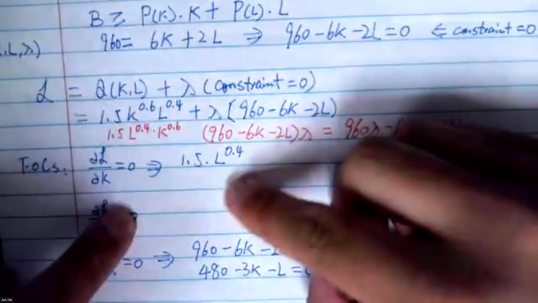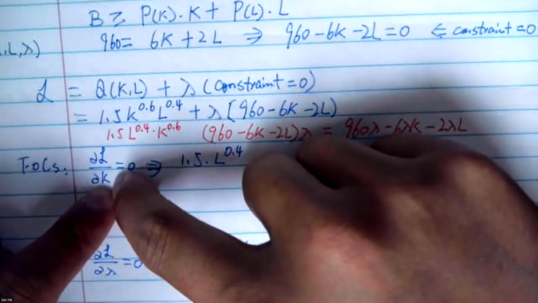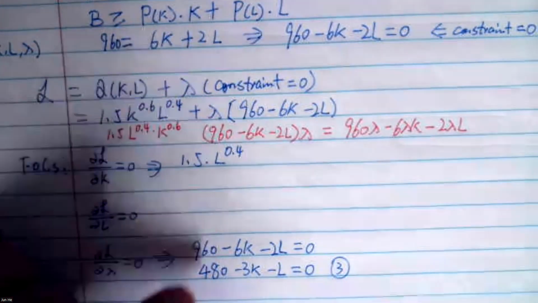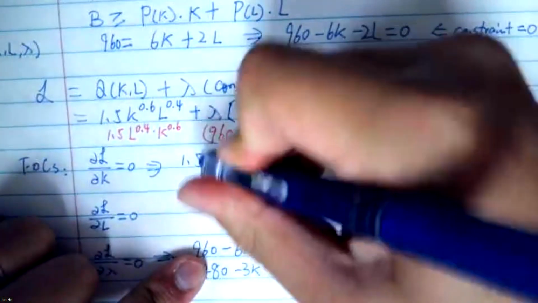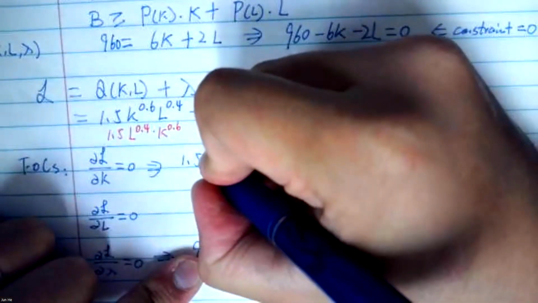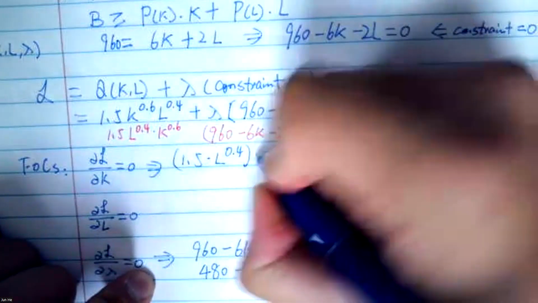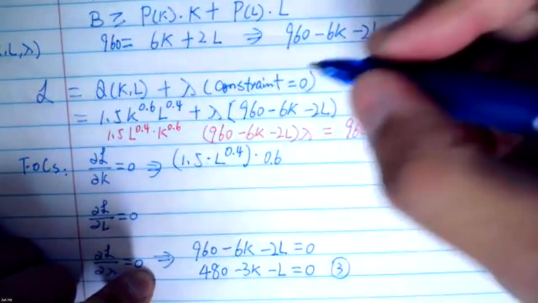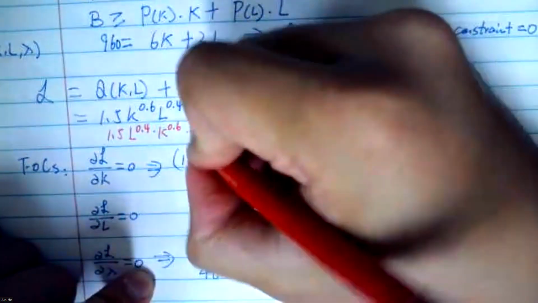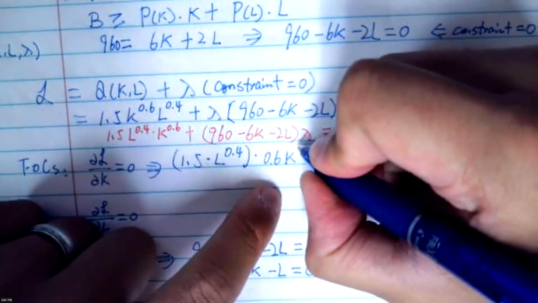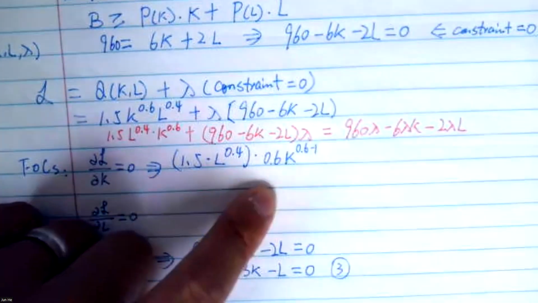Viewing K as the only variable, the first two terms are constants multiplied by something including K. That something is 0.6 times K to the power of 0.6 minus 1.